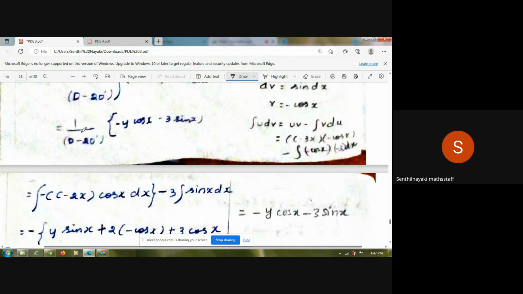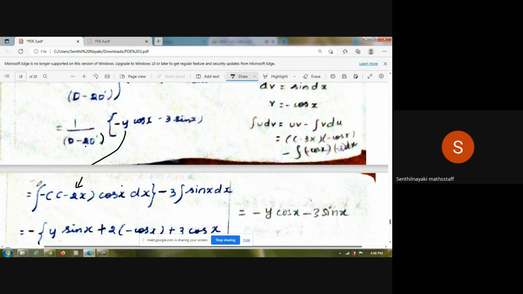After that we have to find out the particular integral for the second factor. So second factor d minus 2d dash. So we have to use this factor for replacing y. So instead of y we can write c minus 2x. Here the minus sign is there, and the cos x term is cos x into dx.